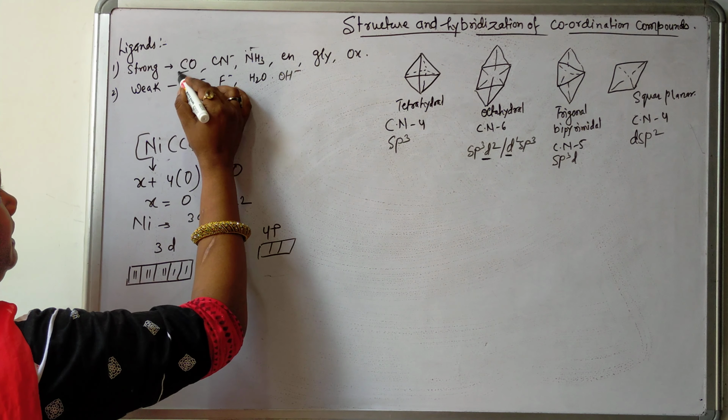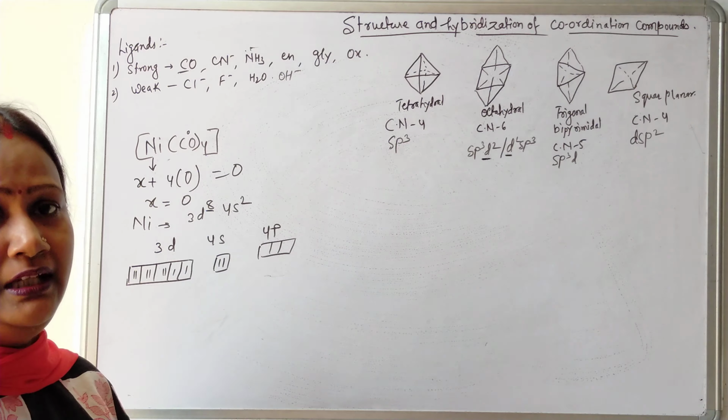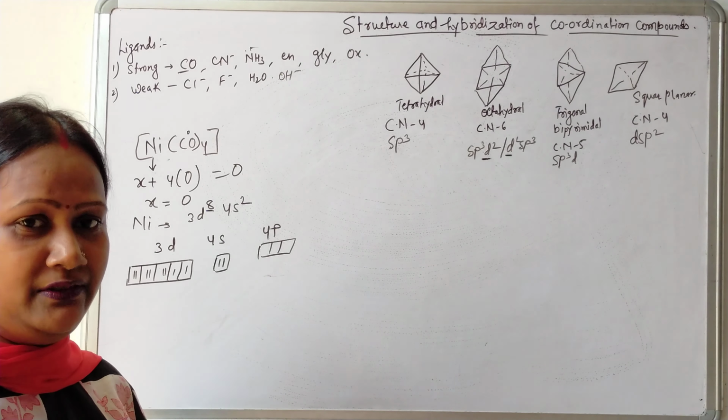Now look here, CO is the strong ligand. You have learnt Hund's rule in the 11th class: electrons first fill the orbitals singly and then pairing will start.